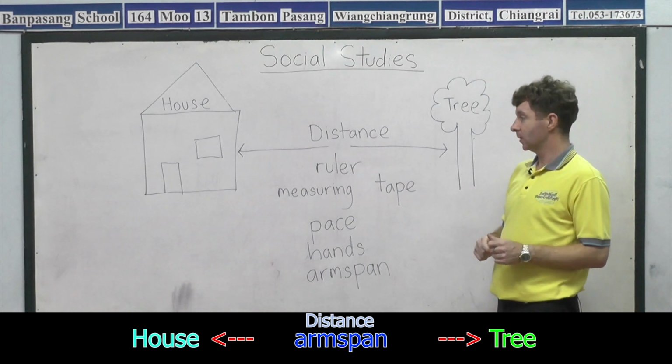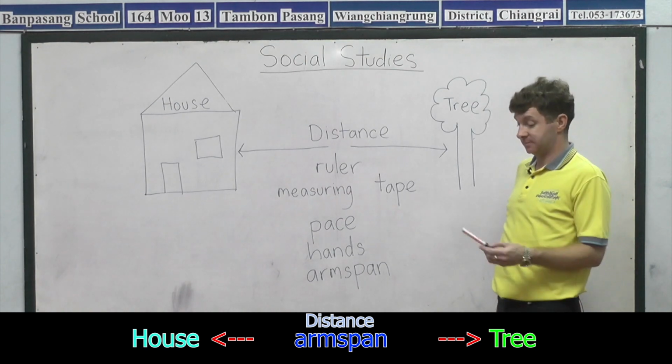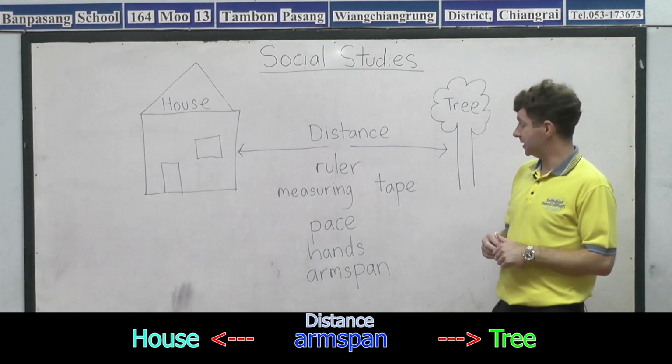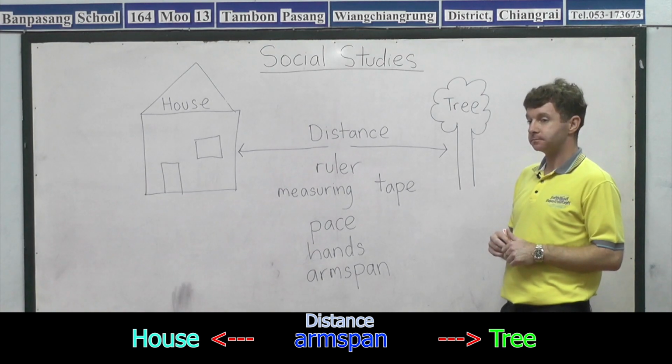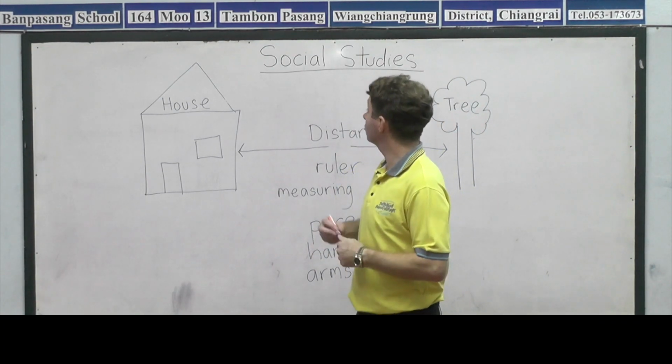We have five units of measurement now. Ruler. Measuring tape. Pace. Hands. Arm span. These are what we can call our measurement tools.